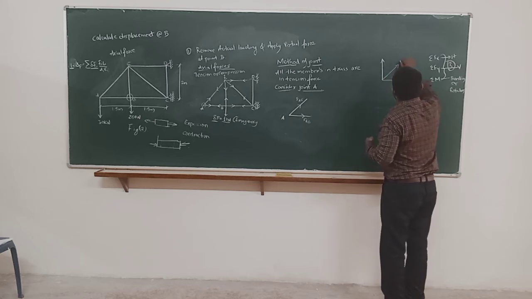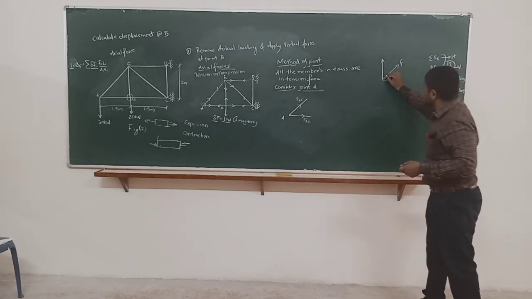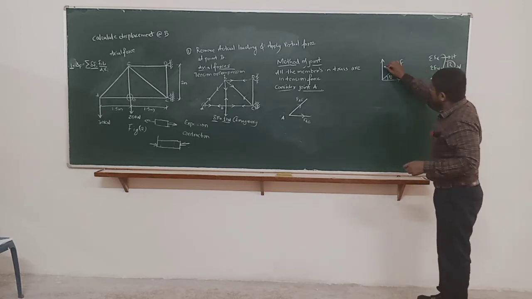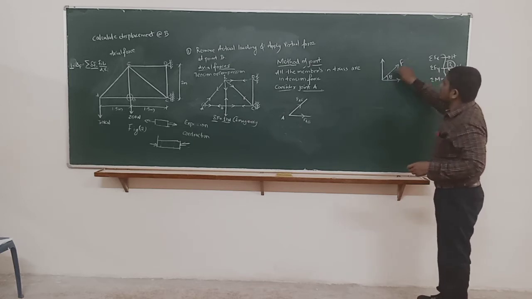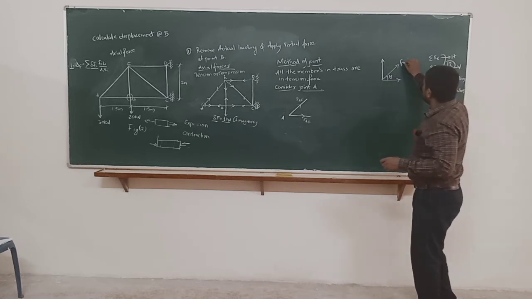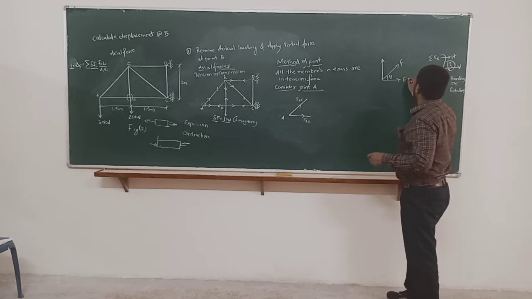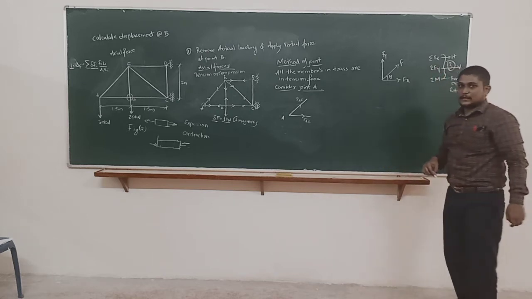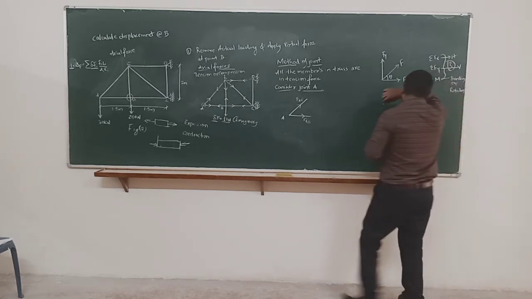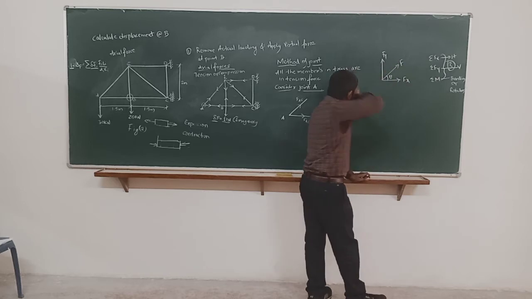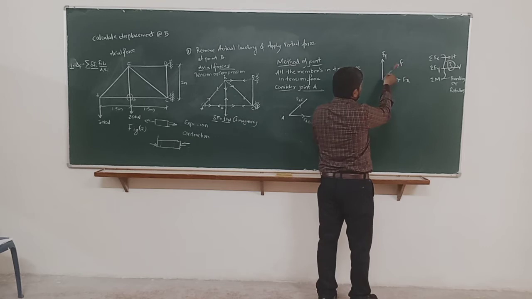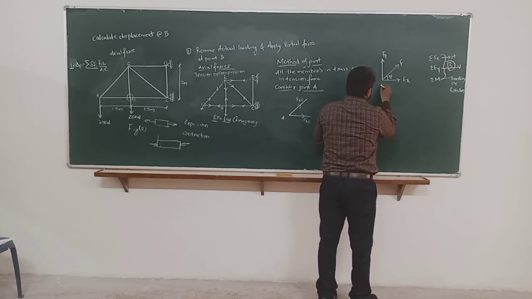Now, if any force has some inclination theta, I cannot analyze this member by keeping it inclined. This inclined force has to be converted into two components. One will be the horizontal component, another one will be the vertical component. Okay. Now the question comes how to analyze this. So I will tell you one simple shortcut here. Now see, this force is there. Here Fx, here Fy.